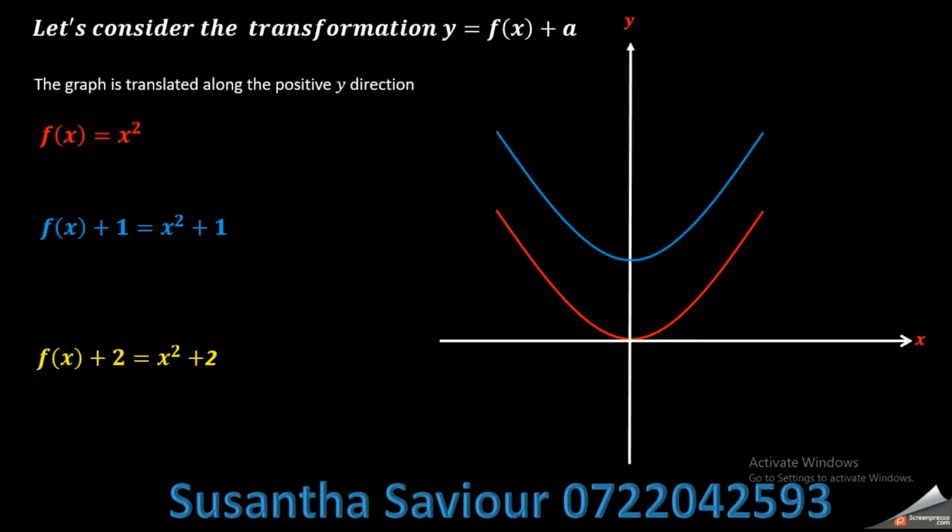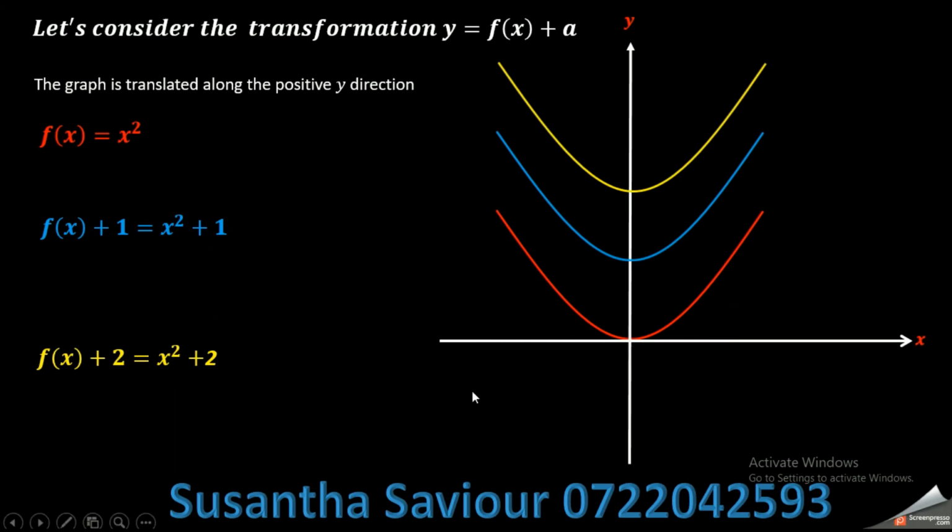What will happen in this? This original curve is moving along the y-axis by how many points? 2 points towards the positive direction. Let's see. Look at this. It is moving along the y-axis and then stops at y equals 2.